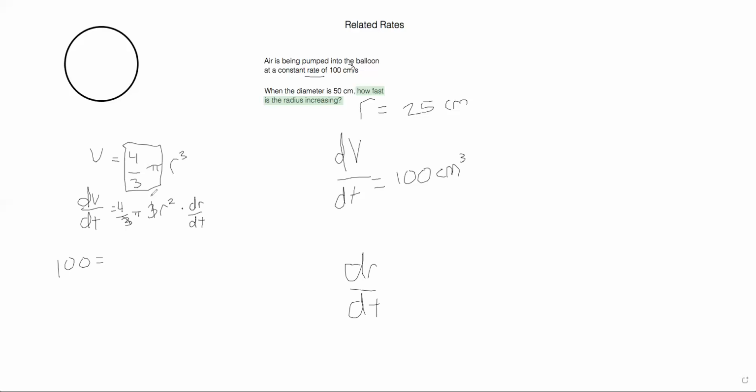So this is going to be 4 pi, and then 625 times 4 is 2,500. Here, I think I'll list everything first. So we have 4 pi, radius squared, dr/dt. So r is 25. r squared is 625.